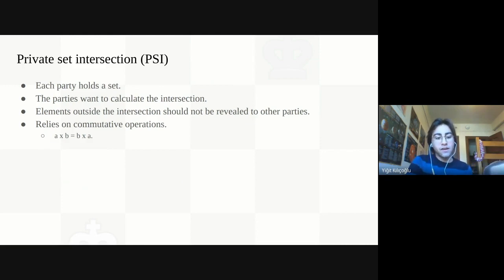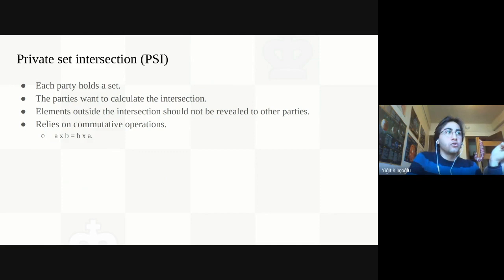And the idea with these protocols is that while calculating the intersection, they don't want the other party to learn the values that are not in the intersection. And you might ask, how is this even possible? Can we do something other than closing our eyes?